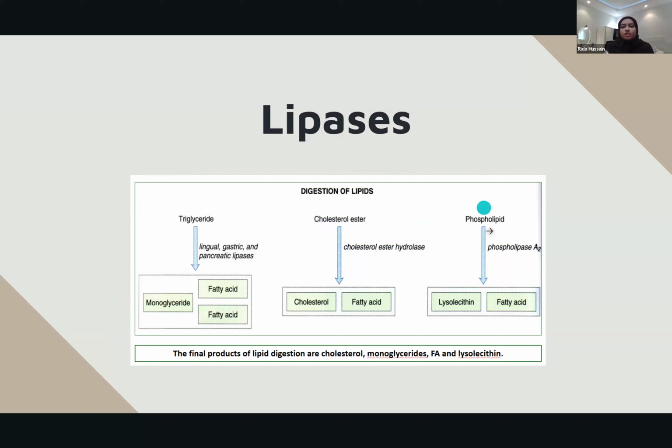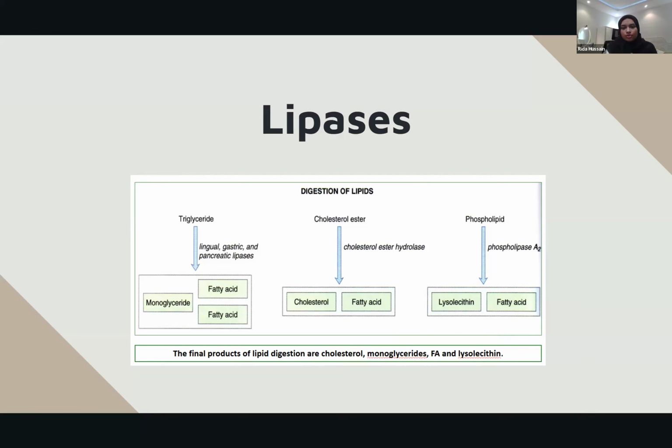And phospholipids are broken down into lysolecithin and fatty acids. So the final products of lipid digestion are cholesterol, monoglycerides, fatty acids with ranging chain lengths, and lysolecithin. It is really important to know the byproducts.